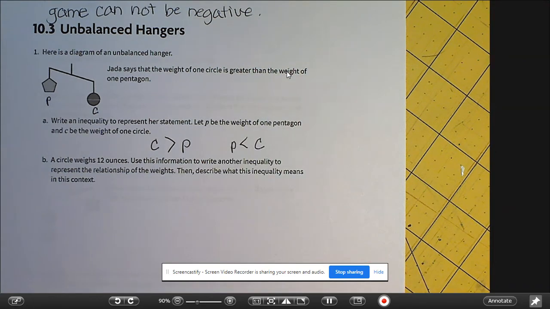B says a circle weighs 12 ounces. Use the information to write another inequality to represent the relationship of the weights, and then describe what this inequality means in the context.